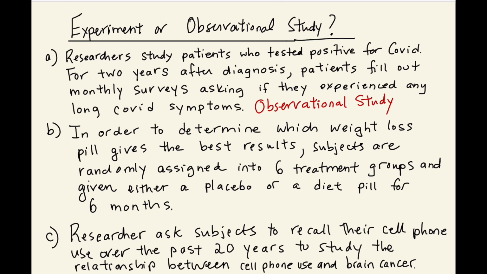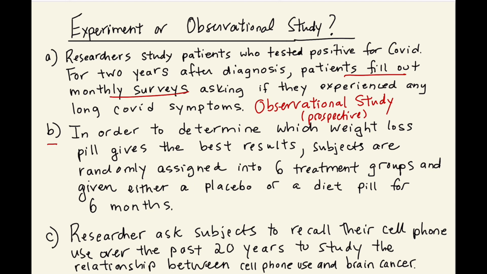Okay. And another thing I want to point out is note that in this observational study, the patients are surveyed, the values of the variables will occur in the future. So we call this a prospective study, since the values of variables will be gathered in the future.